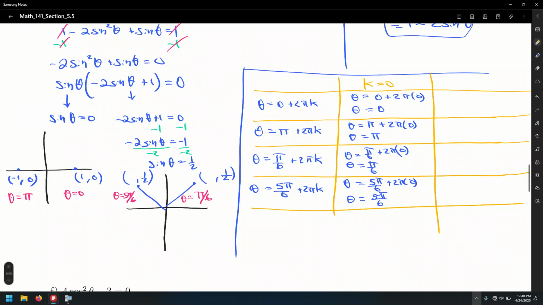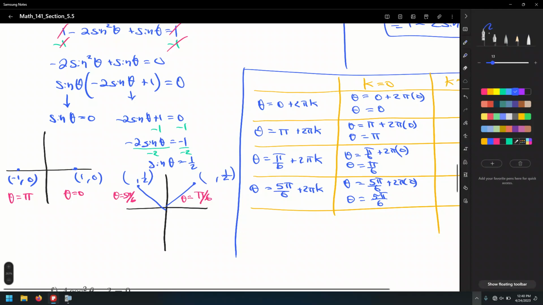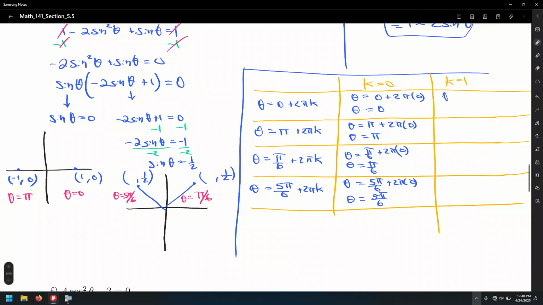So for k equals 1, how about theta equals 0 plus 2 pi times 1? That's theta equals 2 pi. We don't want the 2 pi in the solution set, so that's a number we will cross out.